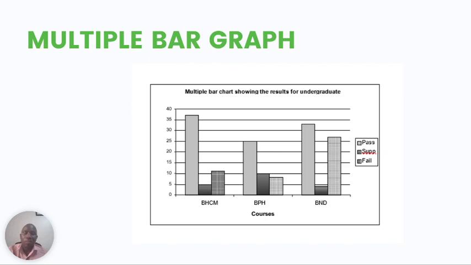So you may decide to represent that type of data in a multiple bar chart, because it allows you to have the different subcategories together, and then in comparison with the other different courses the students are undertaking.